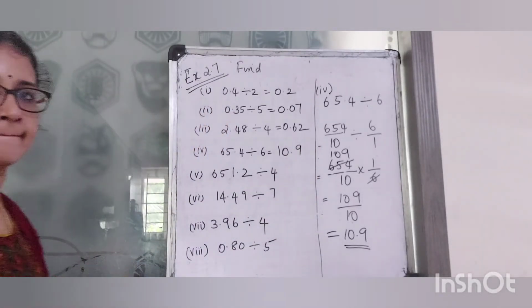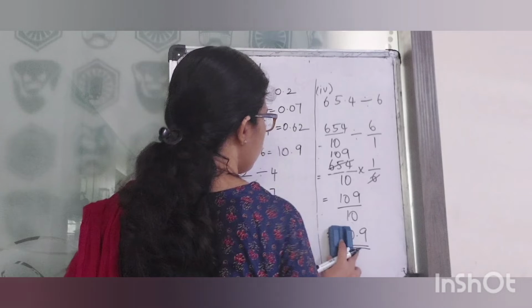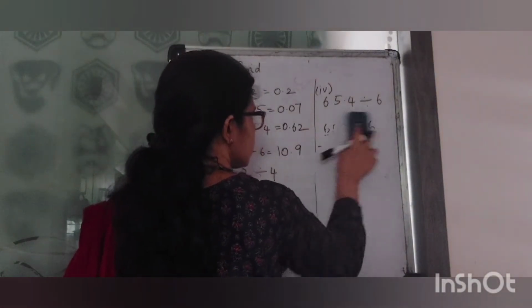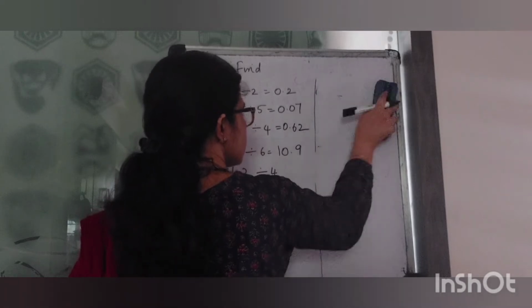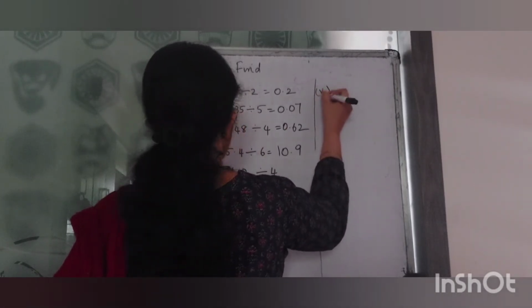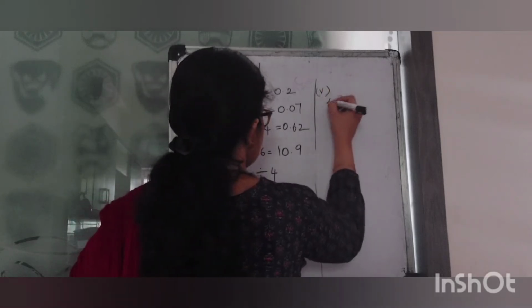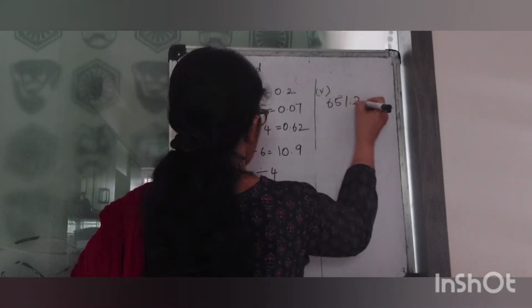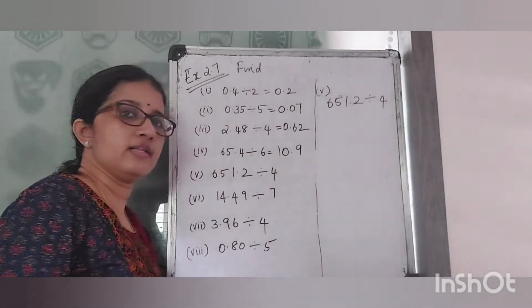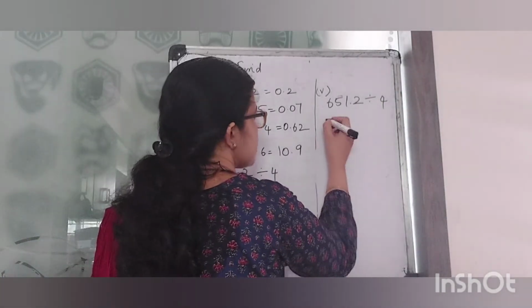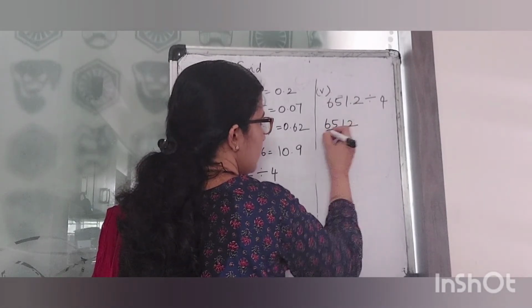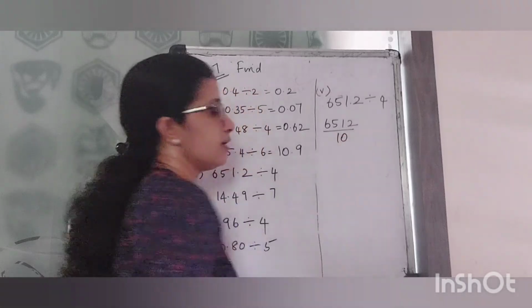Now let's move on to the fifth problem. The fifth problem is 651.2 divided by 4. How can you do this? 651.2 is 6512 divided by 10, correct?